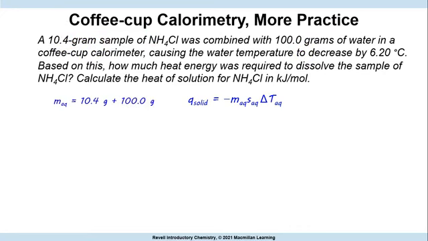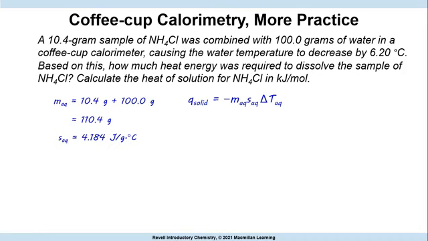So the m sub aqueous is 10.4, which is the mass of ammonium chloride, plus 100 grams, which is the mass of water. That gives us 110.4 grams. Now the specific heat that we are using here is the specific heat of water, because much of it is water, which is 4.184 joules per gram per degree Celsius.